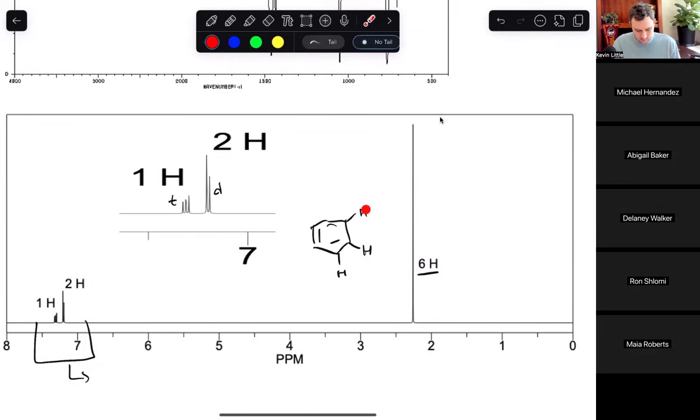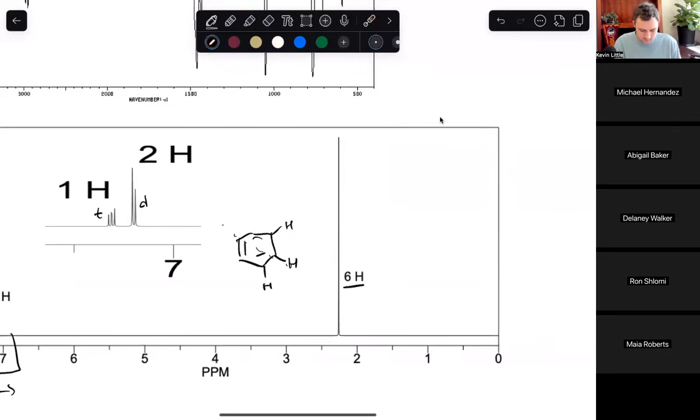and I have potential symmetry here, right? Well, I have necessary symmetry because I have this 2 hydrogen peak. These have to be symmetrical to each other. The only thing I'm missing at this point is 2 CH3s that also have to be symmetrical to each other. So the only places I could put those CH3s so that they're symmetrical to each other would be here and here.